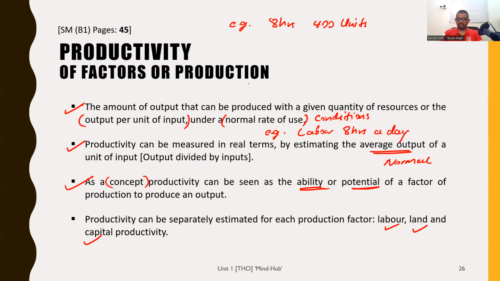Some item, 400 pins, whatever the item, face masks or something. Just think, whatever the product, 400 units. So how do we estimate the productivity of labor? What is the productivity of labor?